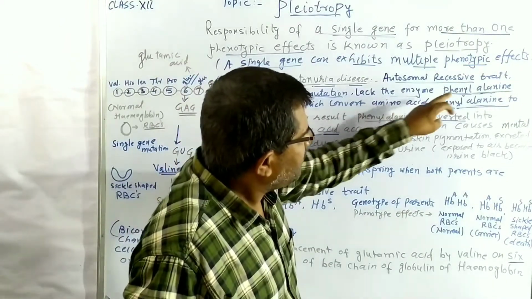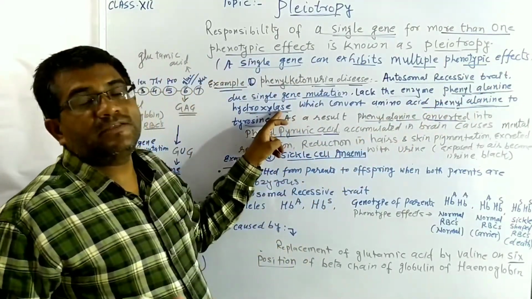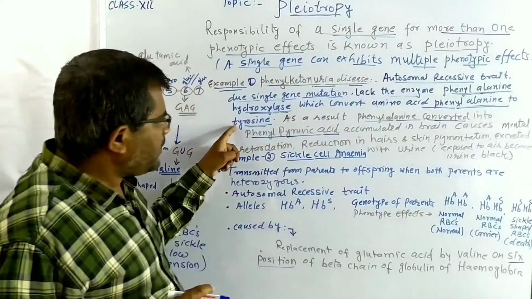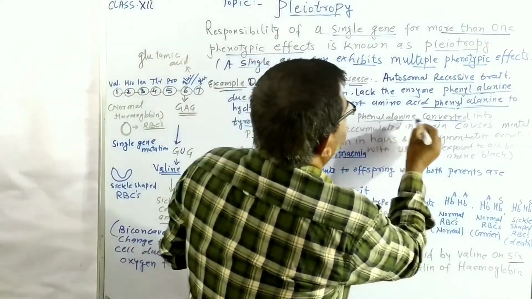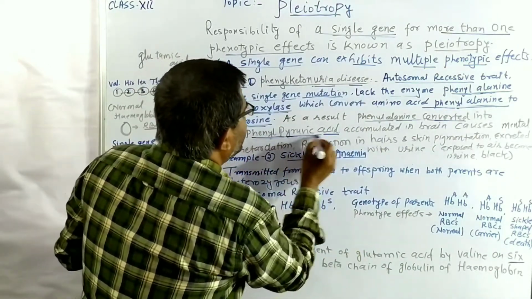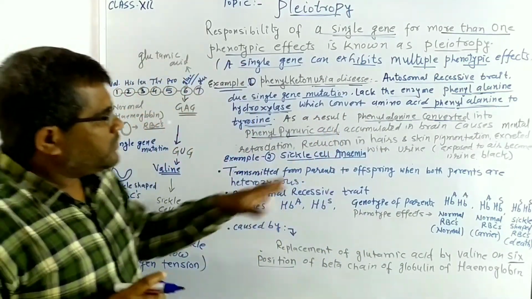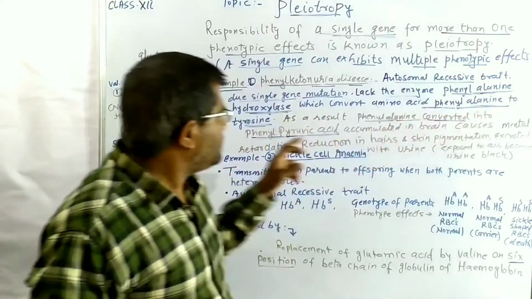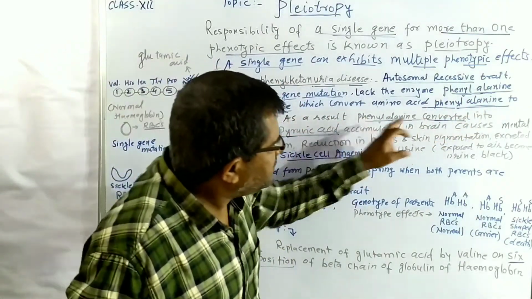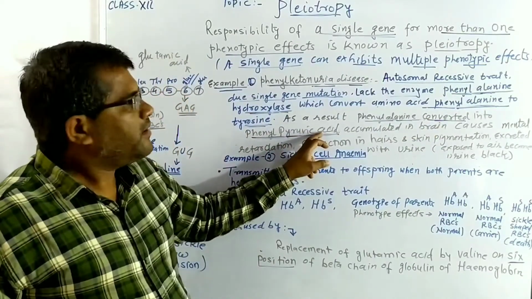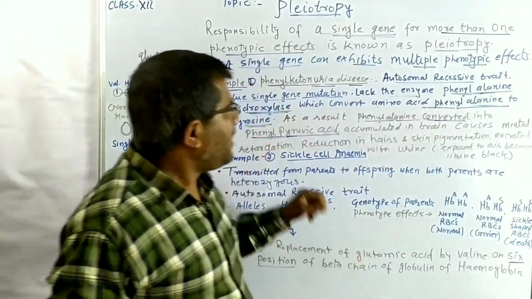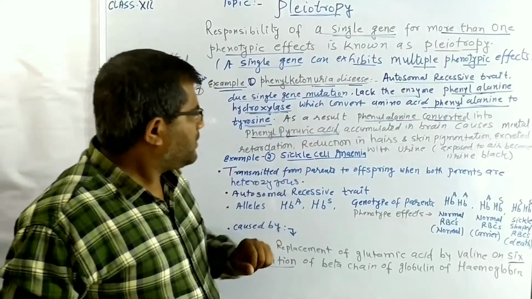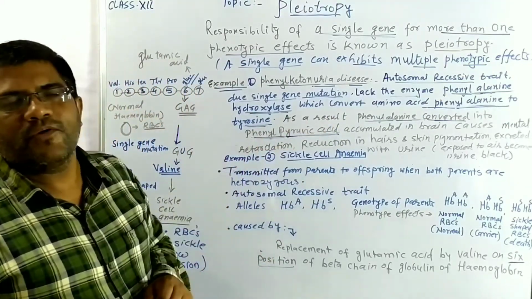Due to the lack of enzyme, instead of converting phenylalanine to tyrosine, phenylalanine is converted into phenylpyruvic acid.